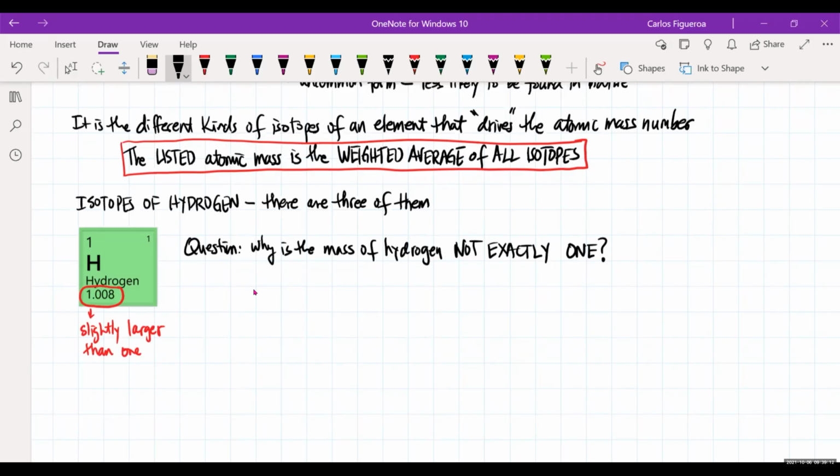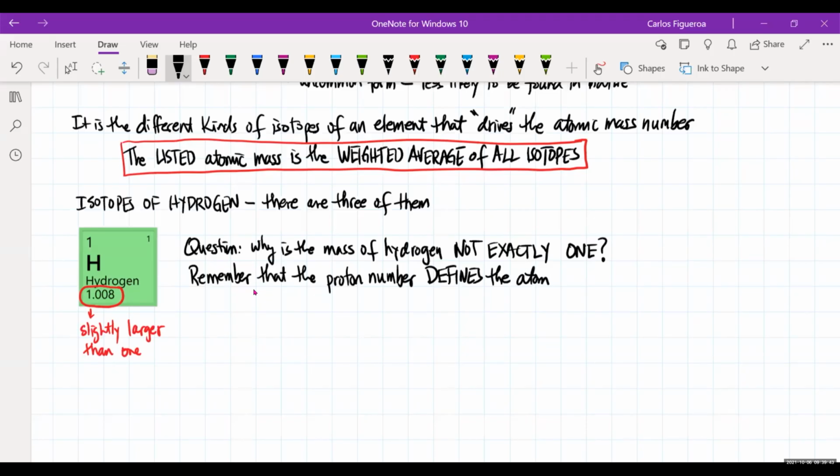To make sure that you're following where I'm going with this, I want to remind you that the proton number defines the atom.